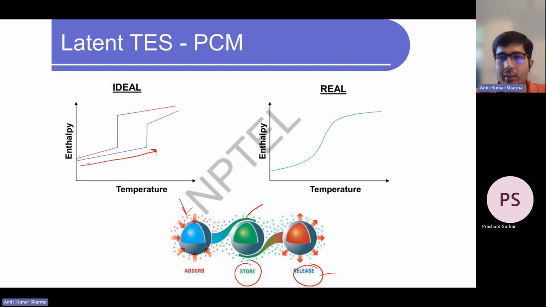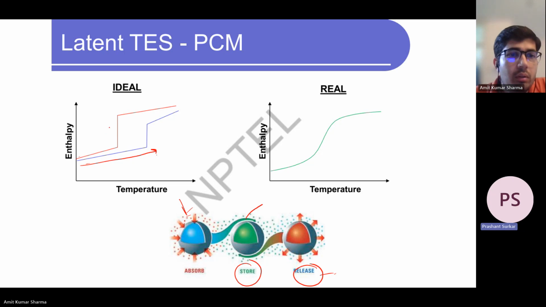Are you saying something? No, sir, just some confusion. That is two graphs, one showing in red color and the other in blue color. Yeah, for ideal.